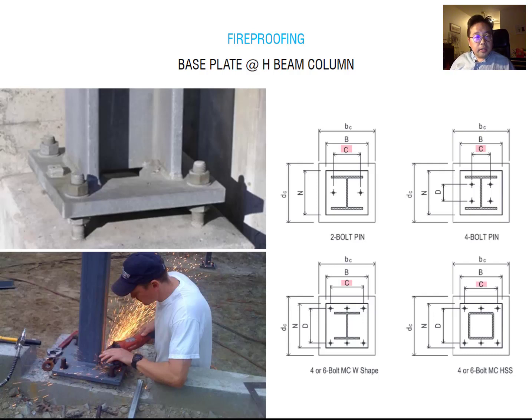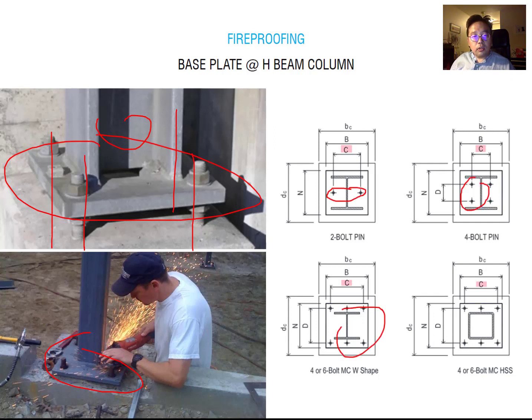The base plate here, and then this is the column, and then it simply connects to the slab, right? So there are several different options to connect the plate to the concrete. This is 2 hole, 4 hole, 6 hole, and another 6 hole. So you can choose the proper connection option depending on your column type and the size of your column.